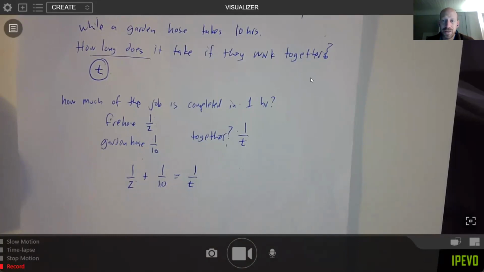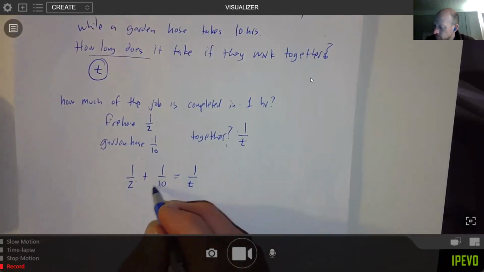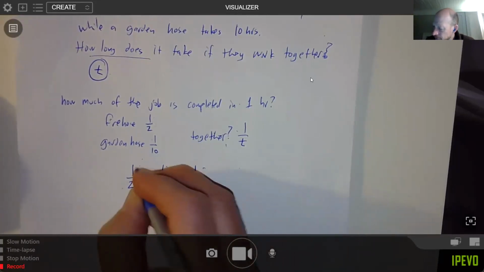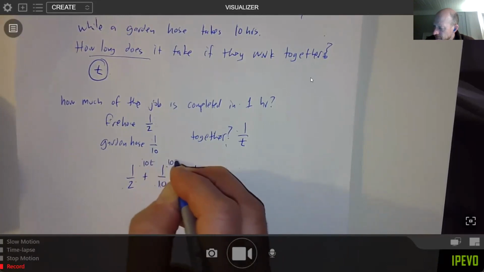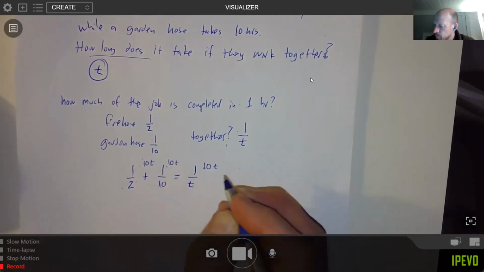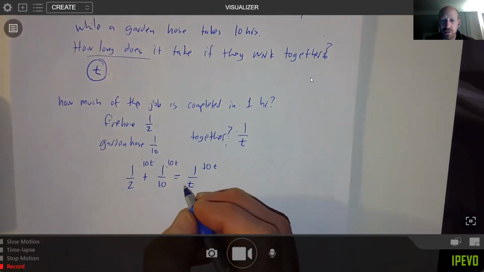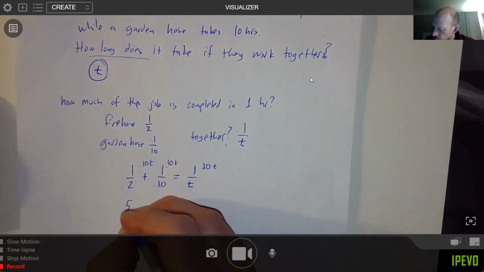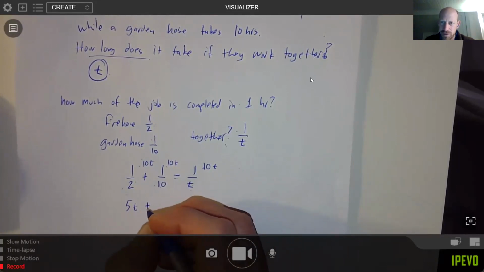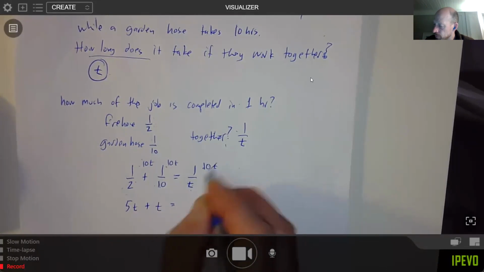Notice the equation we get is a rational equation. So I'm going to multiply every one of these pieces by 10T. I could do 20T, but that's really too big. 10T is going to be smaller and easier to work with. Not such a big deal here, but with some of the other ones, it can get a little messy.